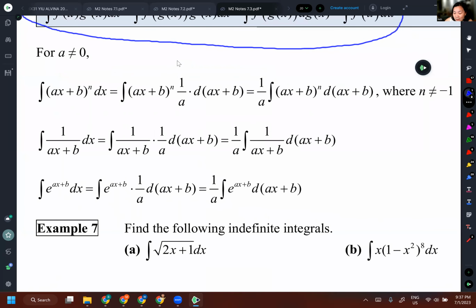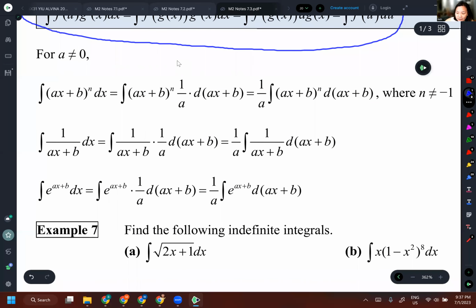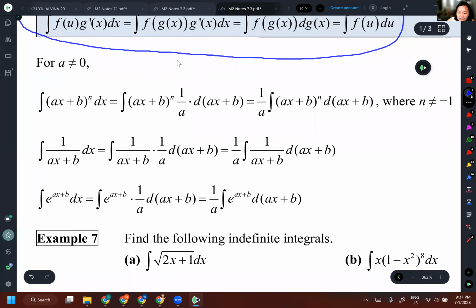The first application of integration by substitution is this. Look here. Normally, if you have a polynomial, like in this case a binomial, usually I'll ask you to expand. But what if the n is very high, then the expansion is very difficult?